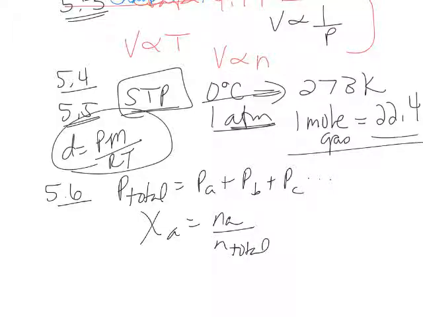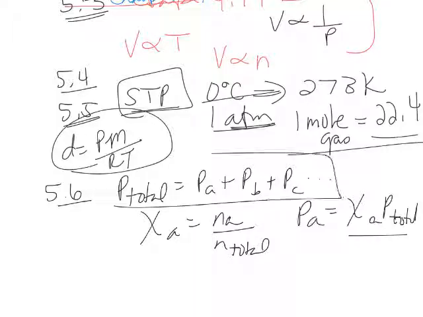So if you have a mole of A over the total moles, then the pressure of A would be your mole fraction, which is just a fraction, times the pressure of the total. And that is because of this equation here that Dalton found out, that they're not interacting. Example 5.6 is good. I would do that.